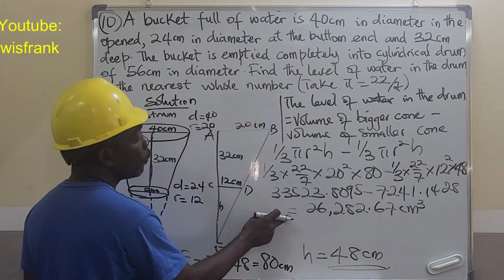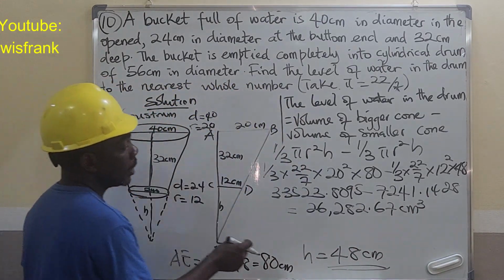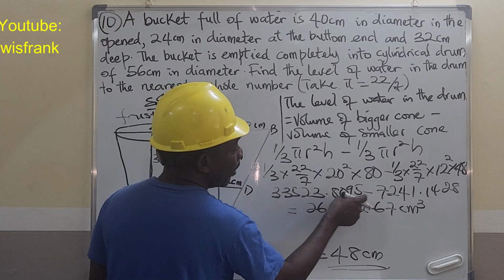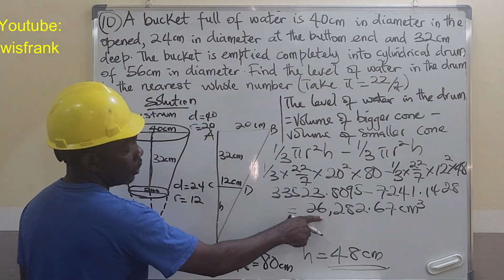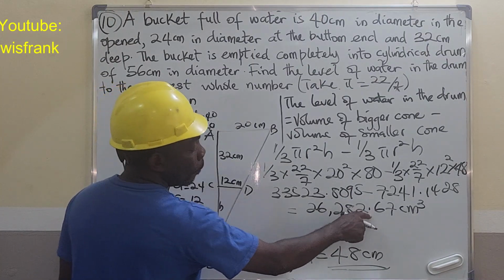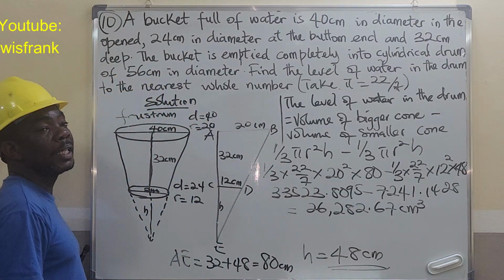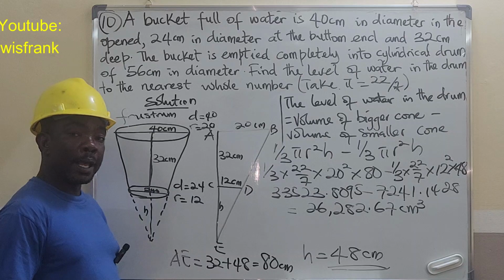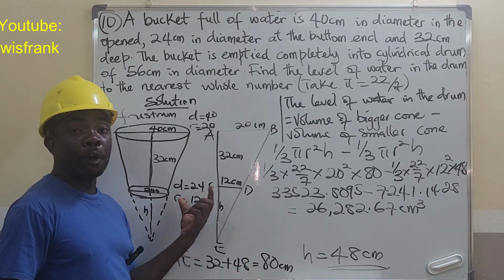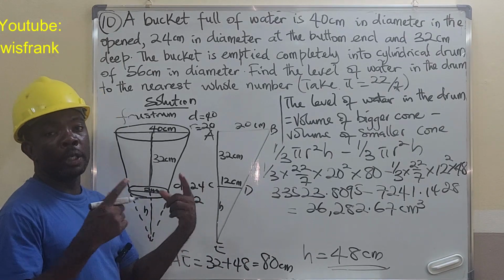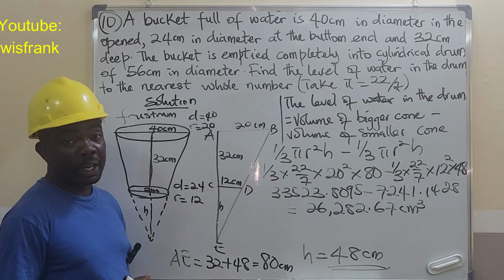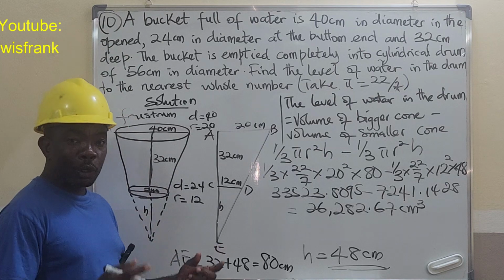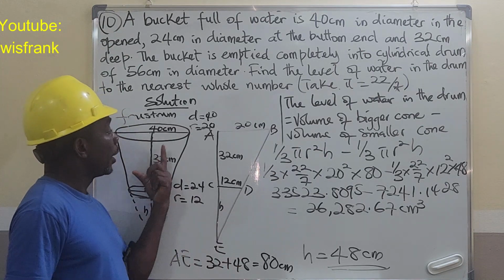So this is the volume of the frustum, which is the volume of the bigger cone minus the volume of the smaller cone. It is going to be 26,282.67 cm cube. So here, this volume of water from the frustum is going to be poured into the cylindrical drum. Therefore, the volume of the cylindrical drum is equal to the volume of the frustum.